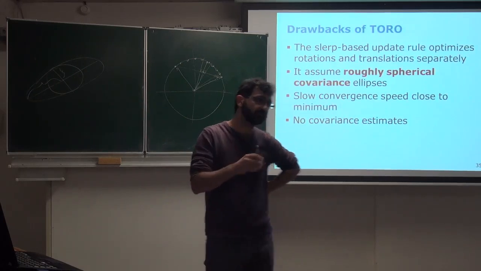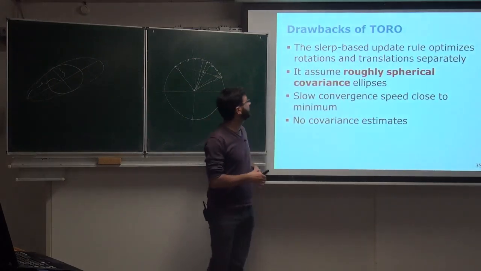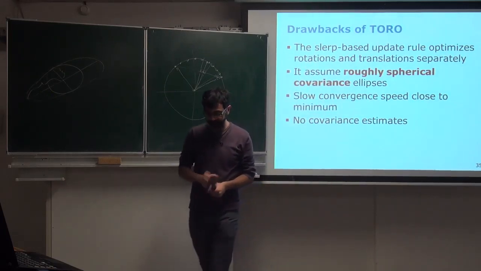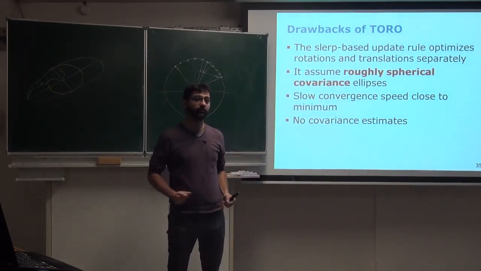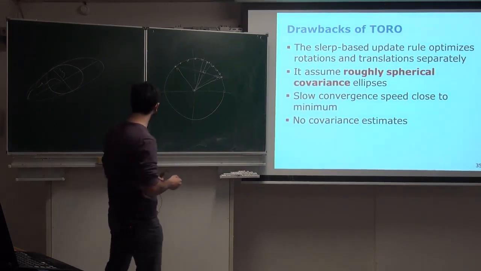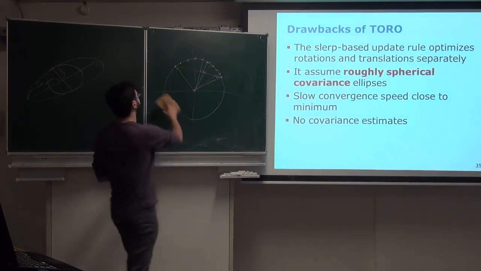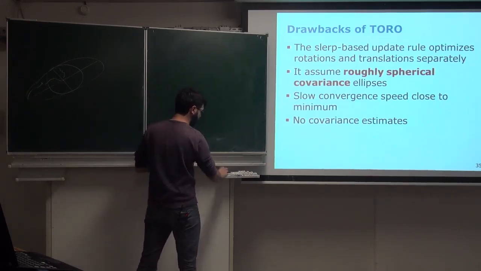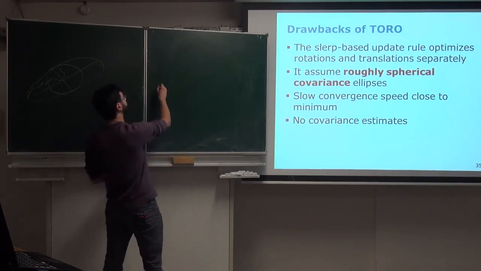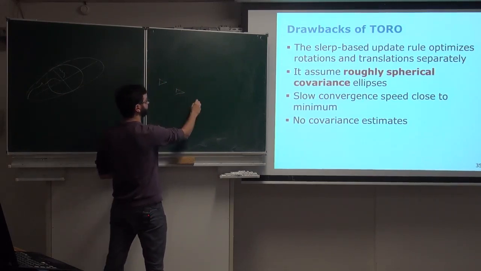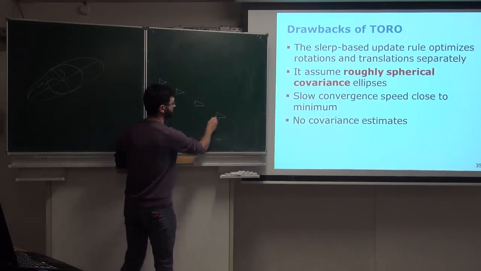There are a few drawbacks. One is that there is this separation between translation and rotation. The main drawback of that is what we call the staircase effect. Sometimes you end up in a situation where your solution is something like this, this, this, this.